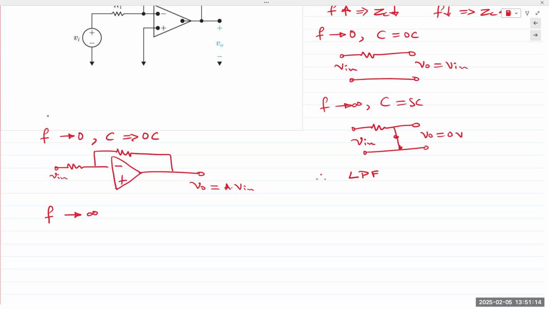As F goes high and tends towards infinity, the capacitor behaves like a short circuit. You have a short circuit in the pathway. Because you have a short circuit in the pathway, and the non-inverting terminal is connected to ground, we can say the inverting terminal is also at virtual ground.